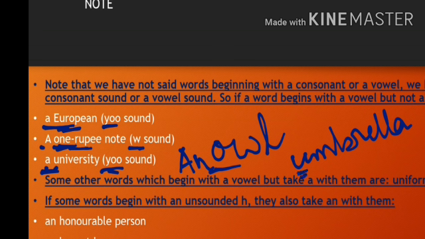This is umbrella, a आ रहा है ना. So that's why before umbrella we will always use an, not a. And here a university. So that's why we have used a. Understood? Now see some other words which begin with a vowel but take a with them.